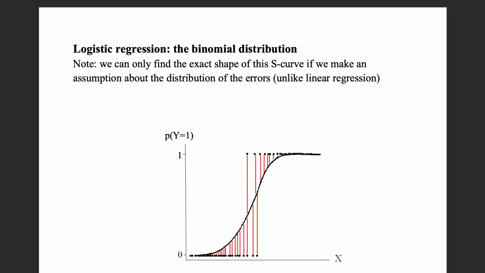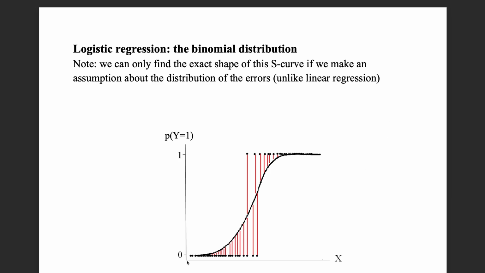We can only find our regression coefficients that describe this S-curve if we make an assumption about the differences between what we predict and what we observe, because all we can observe is zeros and ones.